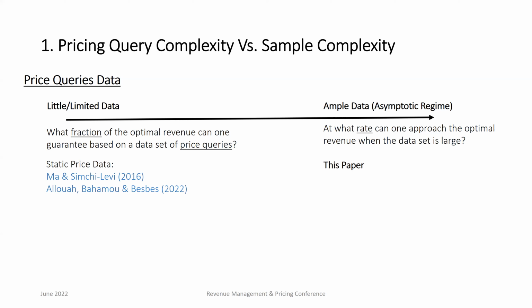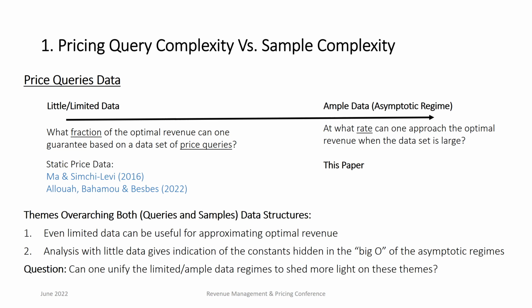So it can be a lot of data, but it's all generated from a static price, and asks what is the fraction of the optimal revenue that can be guaranteed, can be recovered based on that limited data set.